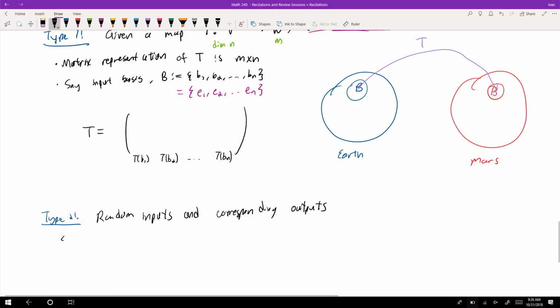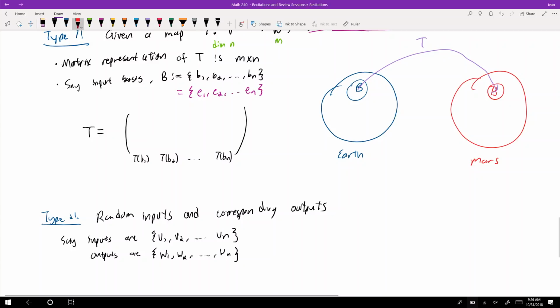So say your inputs are V1, V2, all the way through Vn, and say the outputs are W1, W2 through Wn.